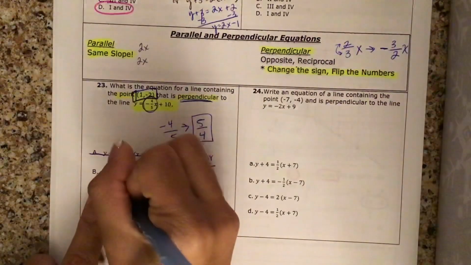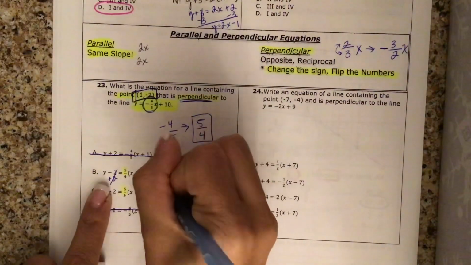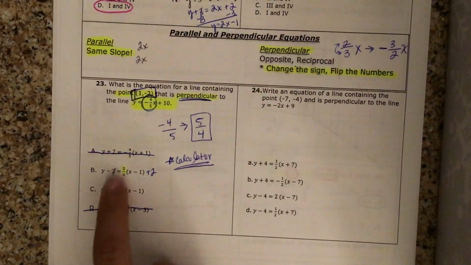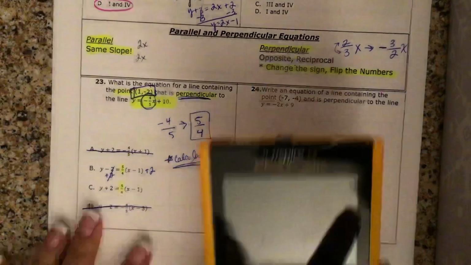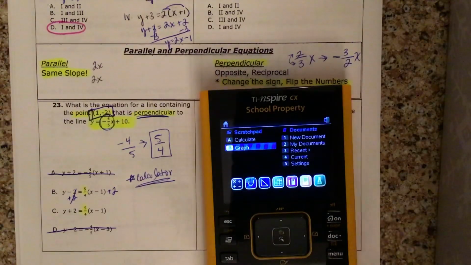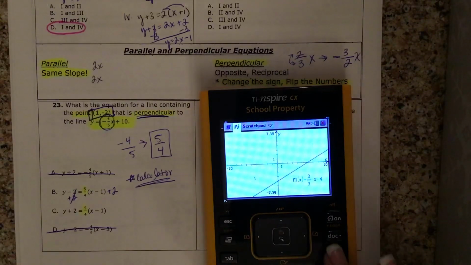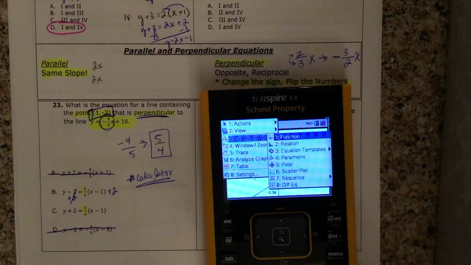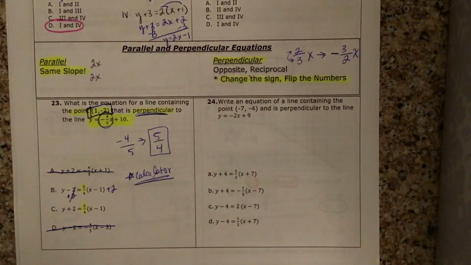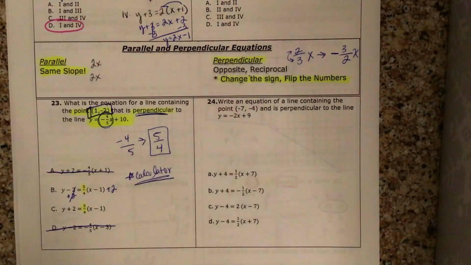So in option B, I'm going to get rid of that 2. Goodbye. I'm going to put it in the back. If it said minus 2, I need to add 2 to get rid of it, and I put it in the back. So let's check it. I press on, I go to graph. I need to plug in my new graph. All right, so we're plugging it in.